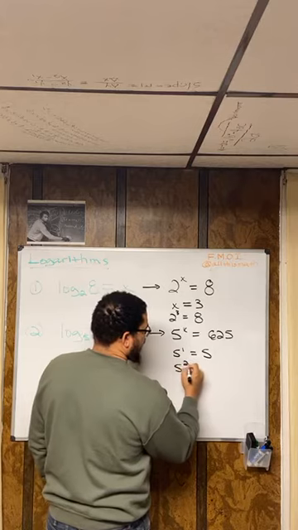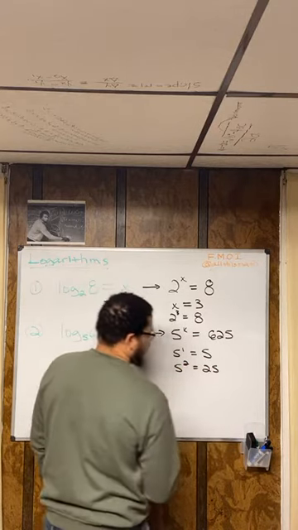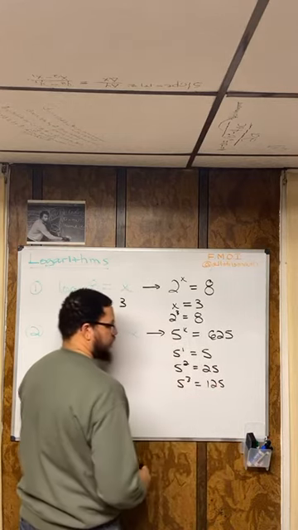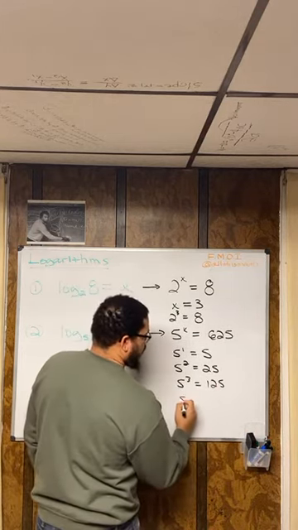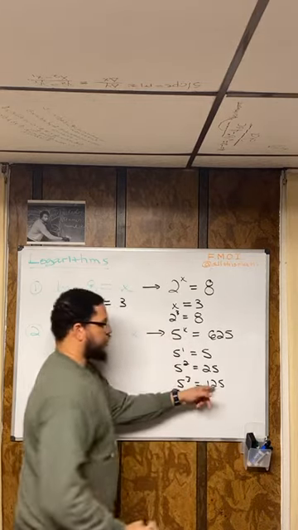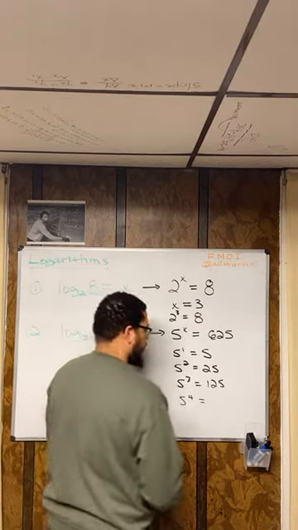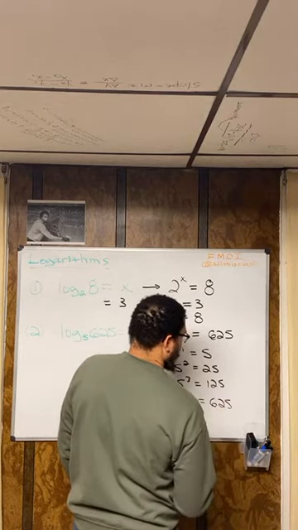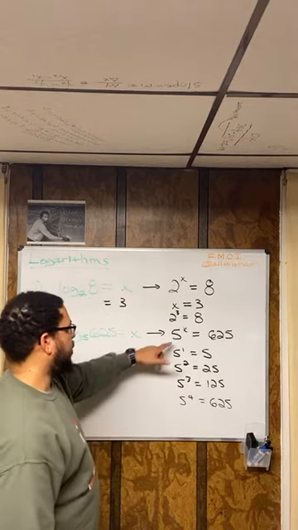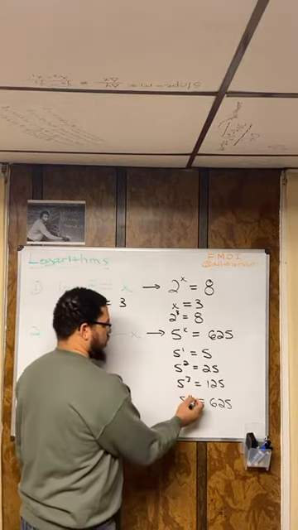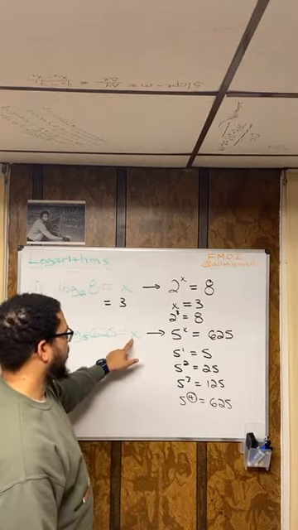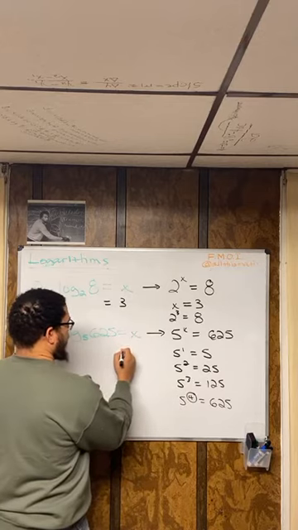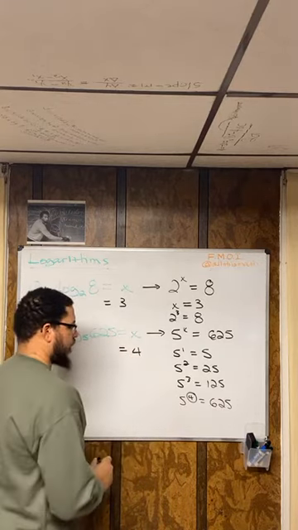That doesn't work. 5 to the second power is 25. 5 to the third power is 125. 5 to the fourth power would just be 125 times another 5, which is going to be 625. So that means that x is equal to 4. So we got x is equal to 4.